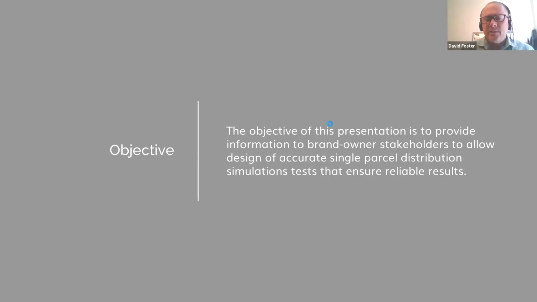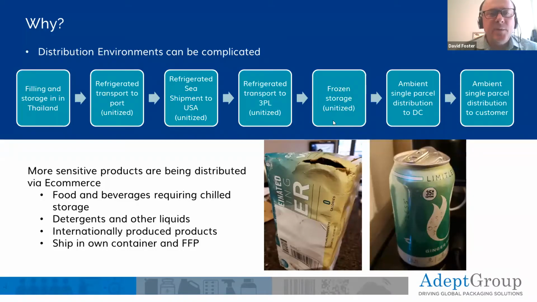So why do we need to do this? Well, distribution environments are complicated, and they're becoming even more complicated. The process flow that we're looking at towards the top of the screen is a real life distribution channel. This is for a product that's sold in the US, but it's filled in Thailand. It's a beverage.